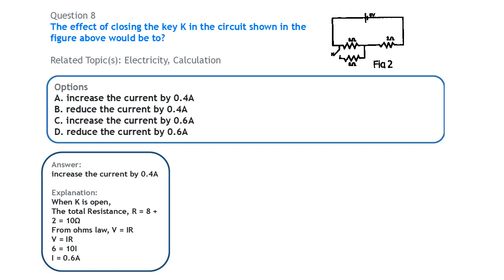So what we do is find the total resistance. Since both of them are in series, we can simply add up the resistance. Just say 8 ohms plus 2 ohms. So the total resistance here in series is 10 ohms. Then from Ohm's law, the potential difference V is equal to IR, that is the current times the resistance. The resistance here is the total resistance that we just calculated, while V is the potential difference of the circuit.